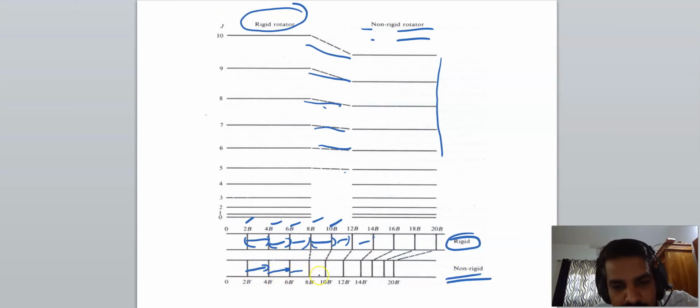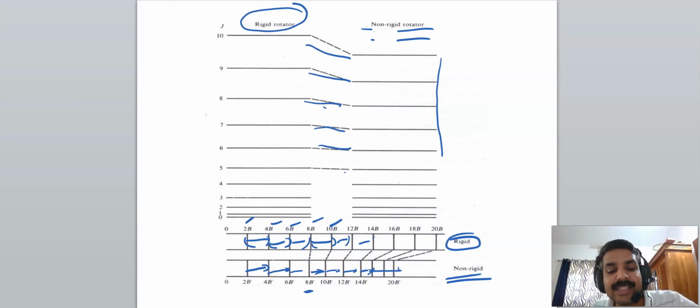Here also almost constant, but from about the 8B line onwards, you can see the separation decreases. With increasing J value, the separation between the lines decreases, and that is a consequence of the vibration of the bond. Actually, the molecules are non-rigid rotors.